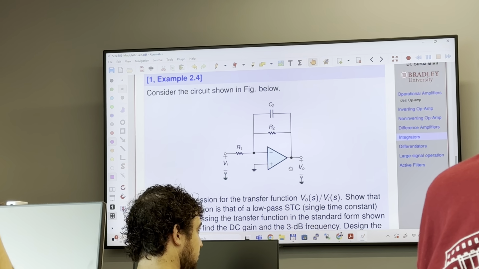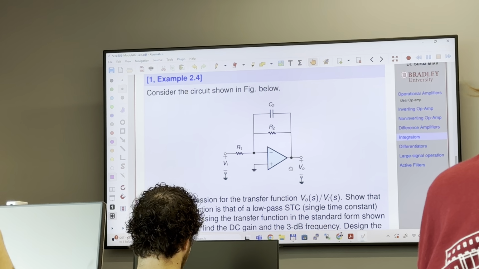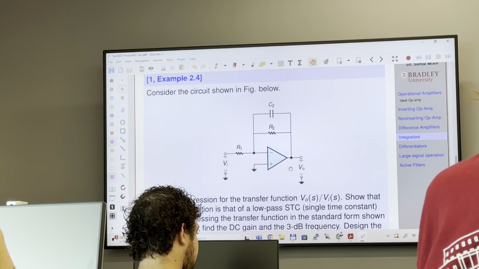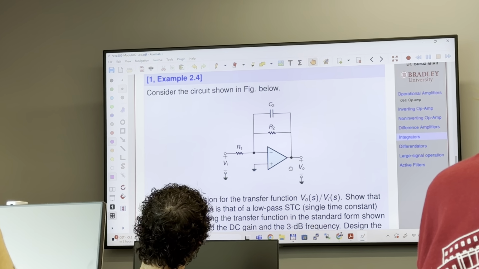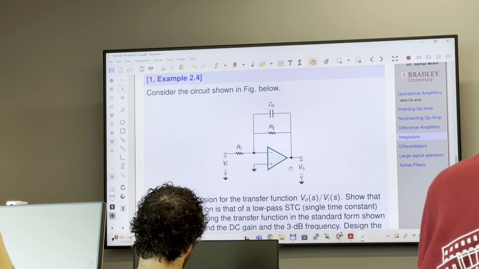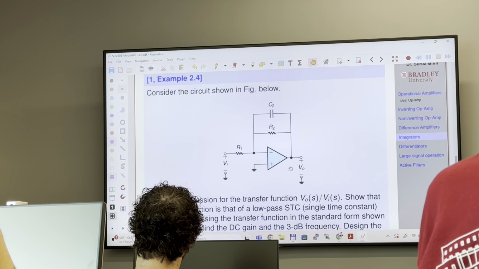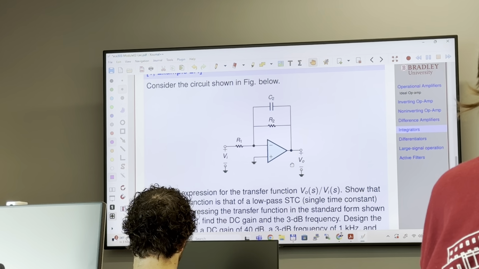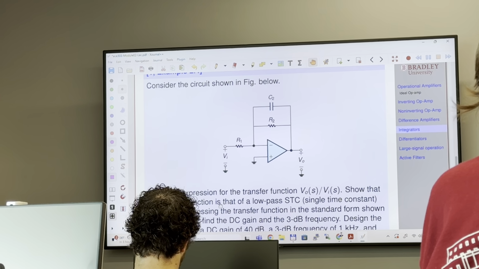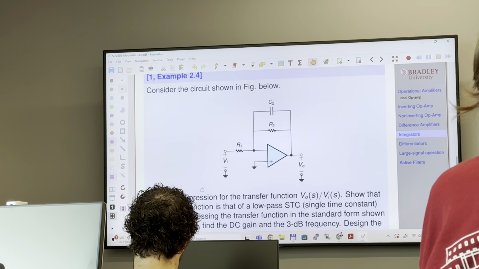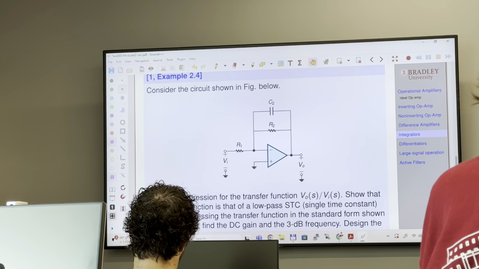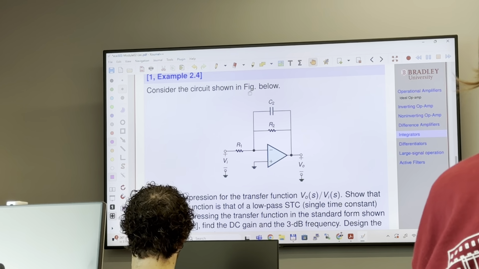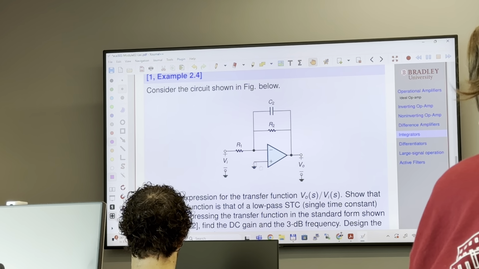I said that I'm just going to go through the numerical portion today, and the derivation portion I did in my last class. Here, consider the circuit shown in the figure below.